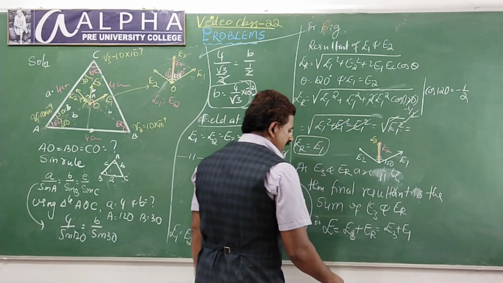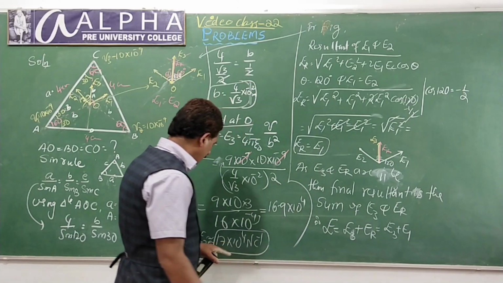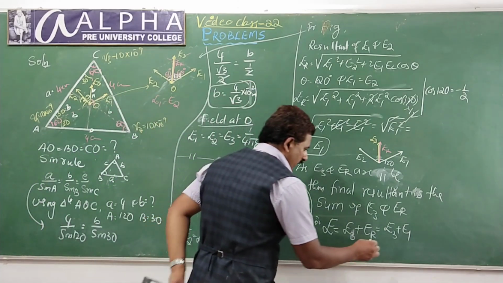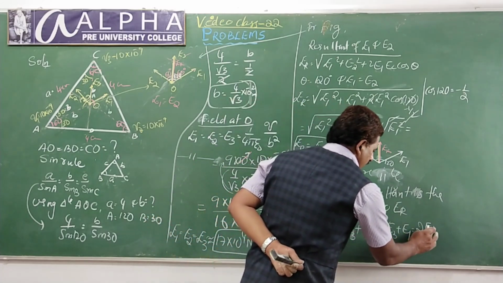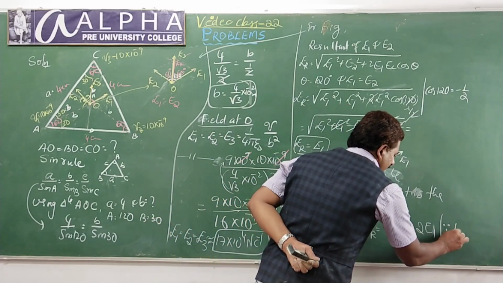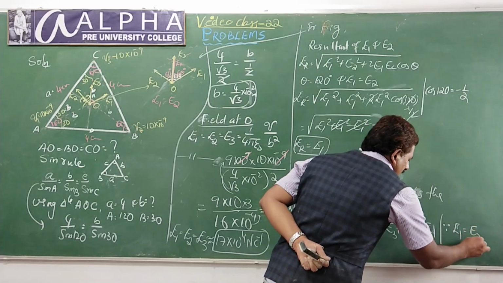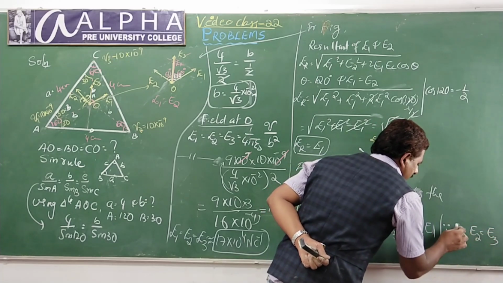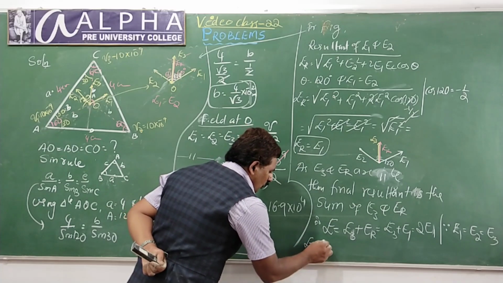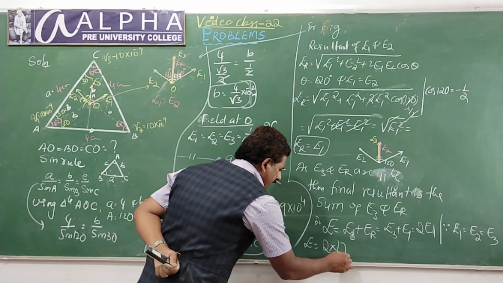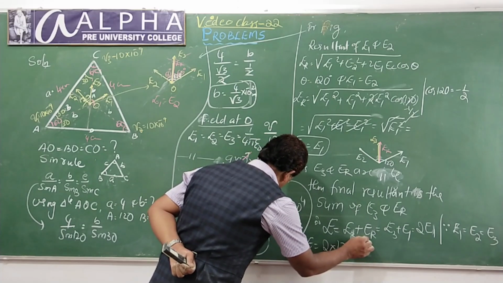What is E3? E1? Both same. What is the value? 17 into 10 to the power 4. Therefore, it is 2 times E1 only. Because, why students? Because E1 equals E2, that's equal to E3. Therefore, E equals 2 times E1, 17 into 10 to the power 4.